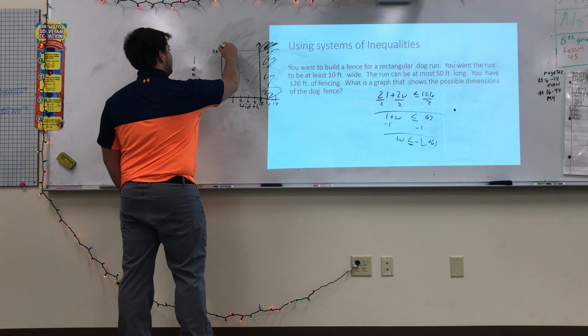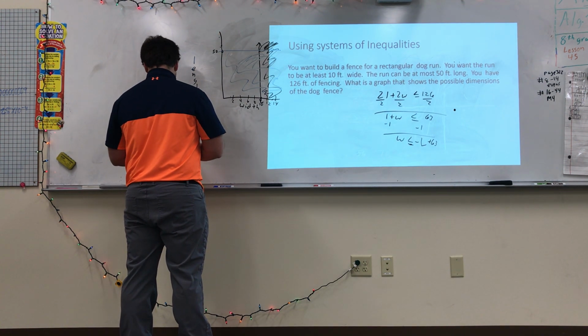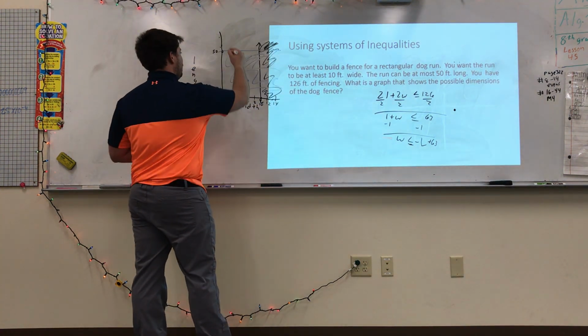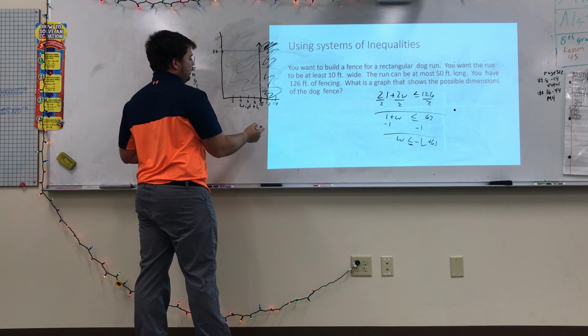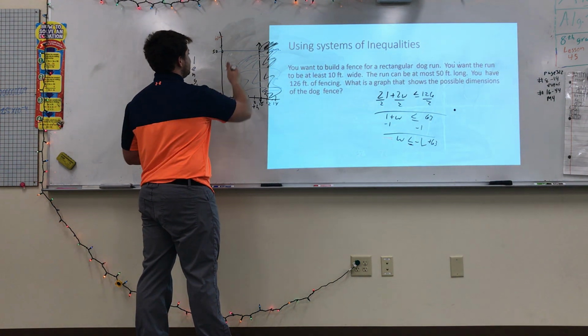So, realistically, I'm going to try to do a different color. This is going to be this equation right here. From 63 up here down to, well, you'd be down 1 over 1.